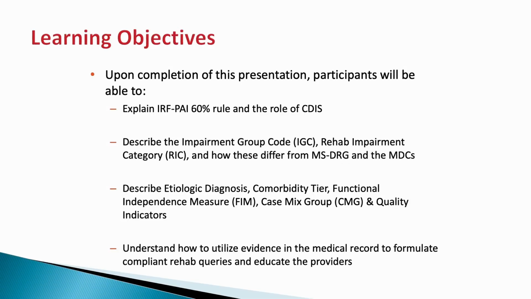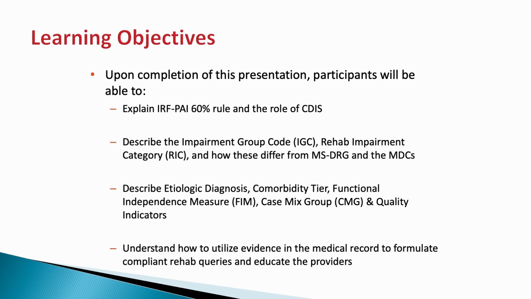Learning Objectives. Upon completion of this presentation, participants will be able to explain the IRF-PAI 60% rule and the role of CDIS. Describe the Impairment Group Code, IGC, Rehab Impairment Category, RIC, and how these differ from MS-DRG and the MDCs.